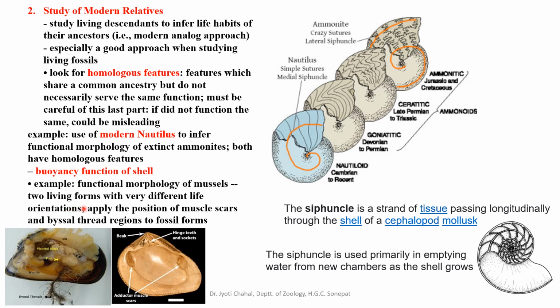Two living forms which live very different life orientations, but still they can be connected to each other, they can be related to each other because of some homologous organs, which are in this case muscle scars and basal threads regions. Okay, so they can connect to their fossil forms, that yes, these are connected to these ancestors, these extinct organisms which are fossilized now.